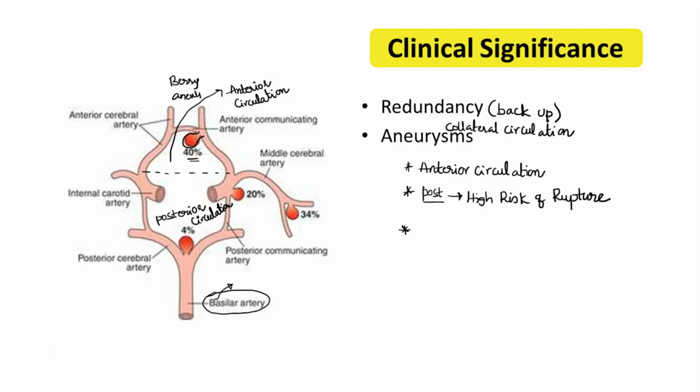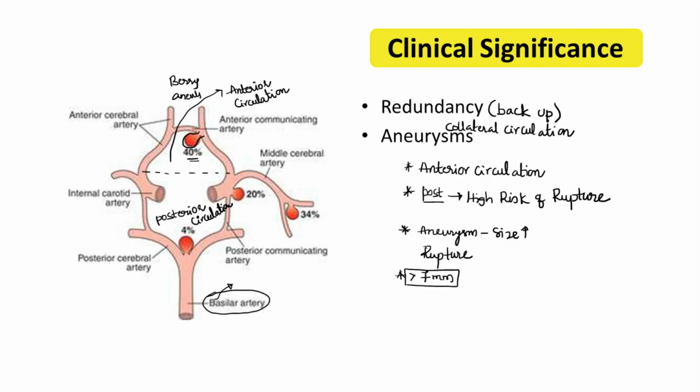As the size of the aneurysm increases, the chances of rupture of the aneurysm increases. If the size of the aneurysm is more than 7 mm, it is wise for a neurosurgeon to operate the patient and repair the aneurysm.